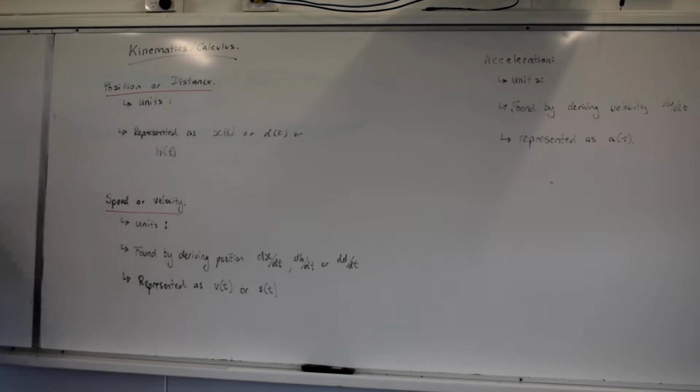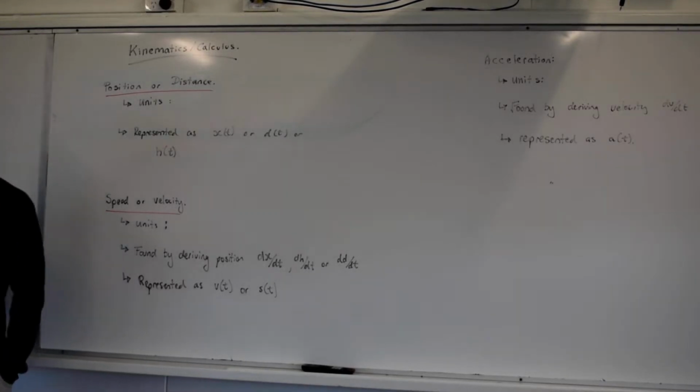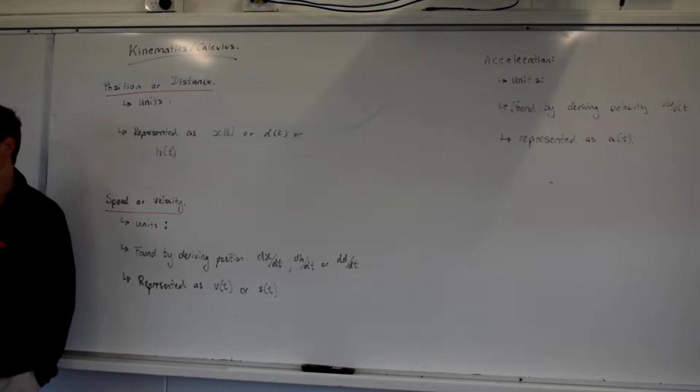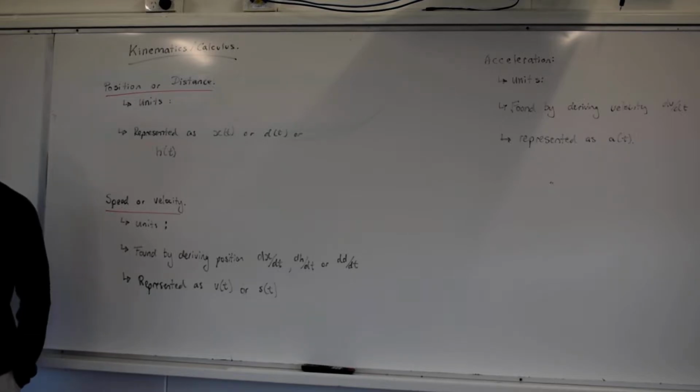Okay, so what we're doing is we're linking our mathematical understanding of rates of change and how things change over time with motion. So kinematics is all about motion. Rates, as we've expressed before, what is a rate, Maddie? How something changes over time.